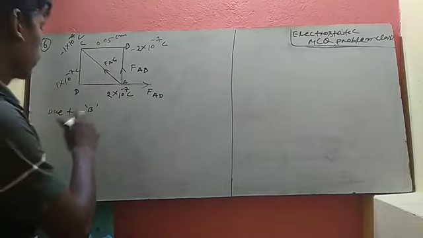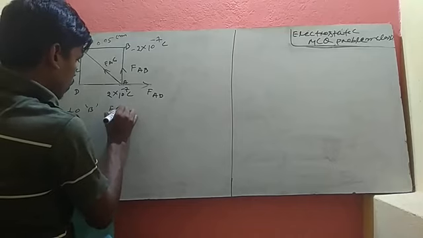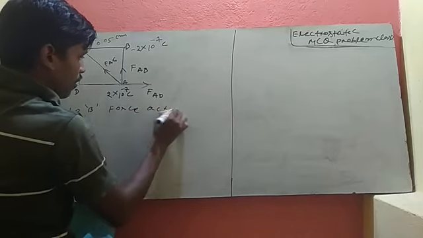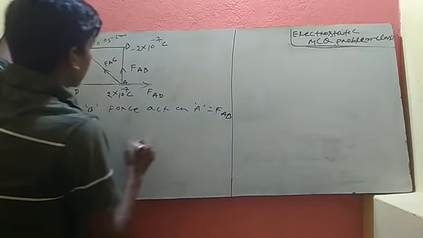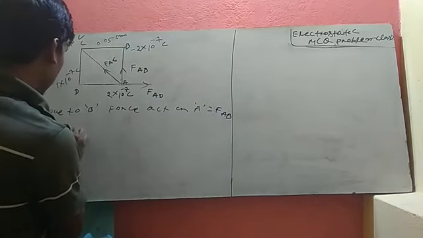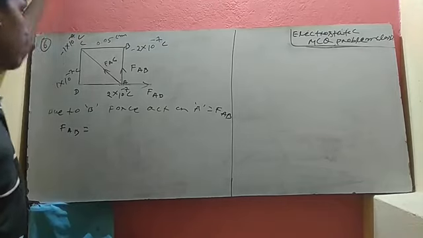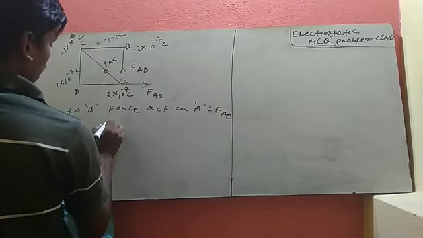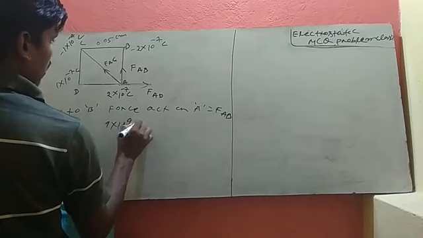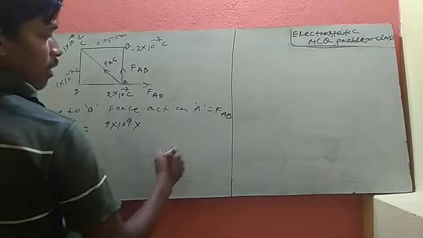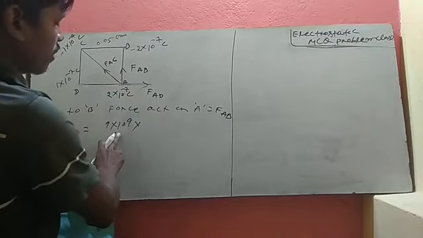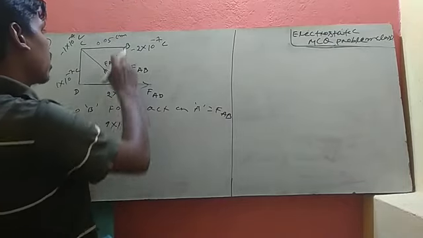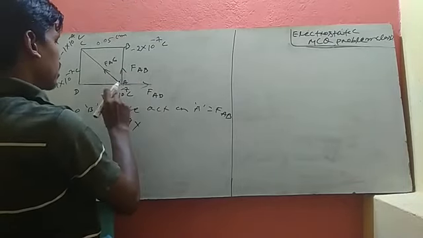So due to B, the force acting on A, FAB, how much will it be? FAB is 9 into 10 to the power 9 into Q1 Q2 by R square. We already know F is k Q1 Q2 by r square, where k is 9 into 10 to the power 9. Q1 is this or this.